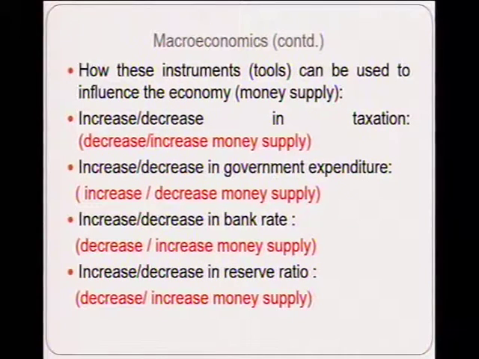And then the reserve ratio. The reserve ratio is the mandated quantity of demand deposits the commercial banks are required by the central bank to keep within the bank. So if there's an increase in the reserve ratio, it decreases money supply. On the other hand, if there's a decrease in the reserve ratio, it increases money supply.